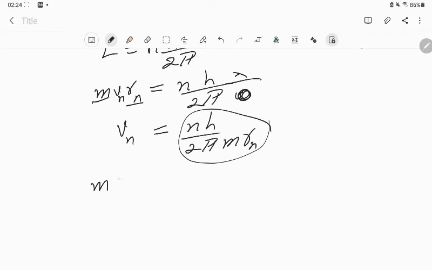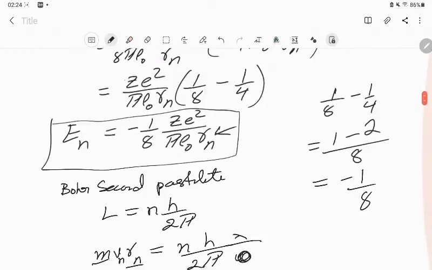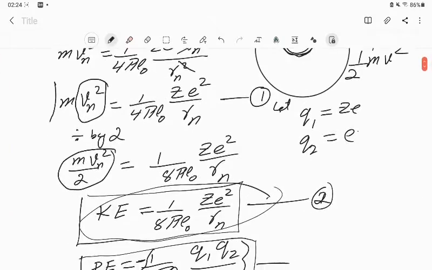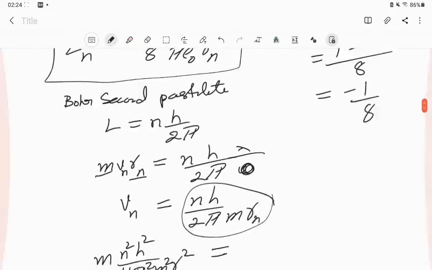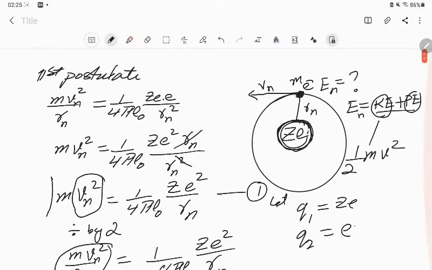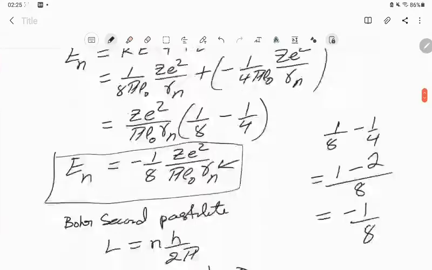So if you square, then n squared, h squared, 2 squared is 4, pi squared, m squared, r_n squared. So this will be equal to 1 by 4 pi epsilon naught Z e squared by r_n.